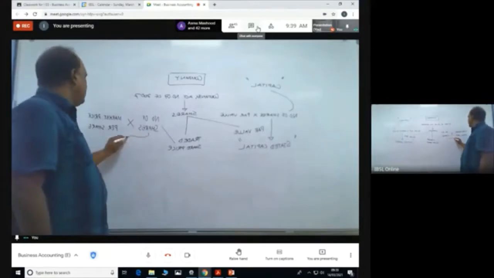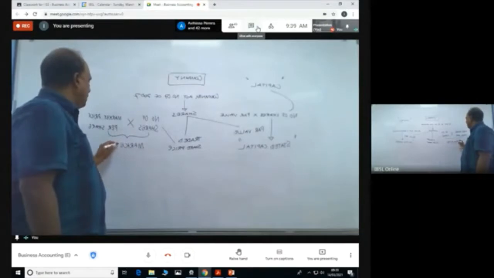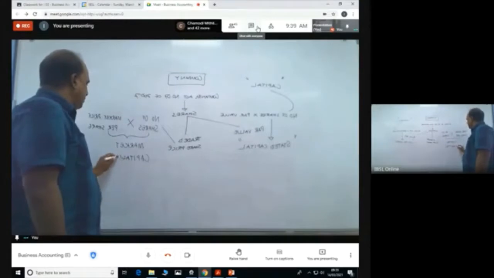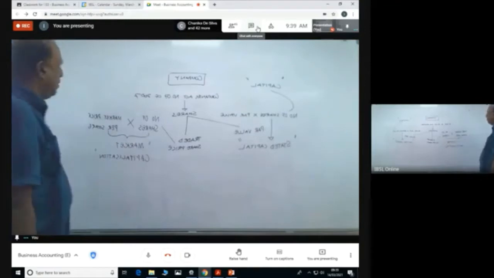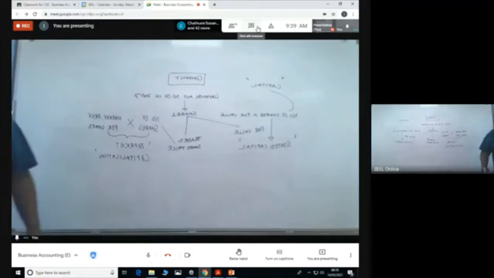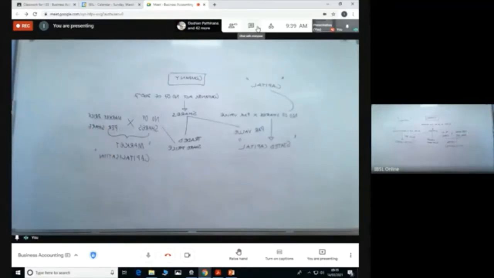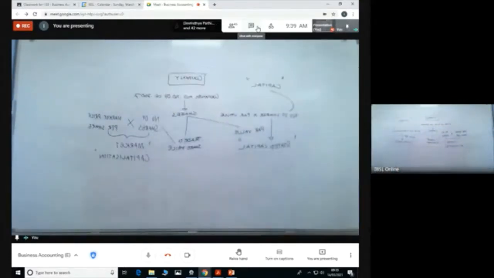This gives you something known as market capitalization. This is very important for a company, for their marketability. It tells you what sort of capital strength they have in the stock exchange.